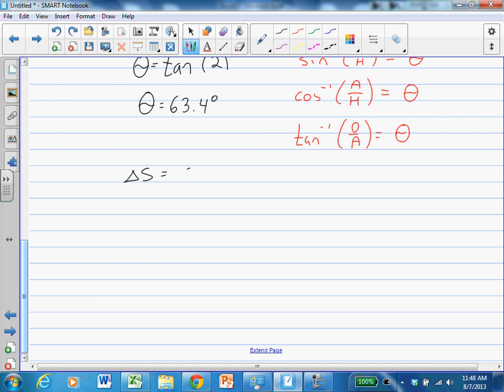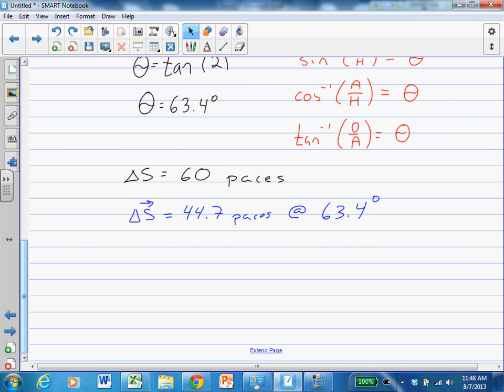Our vector displacement was 44.7 paces at 63.4 degrees. Okay? Quite a little pirate hike. Let's look at another example.